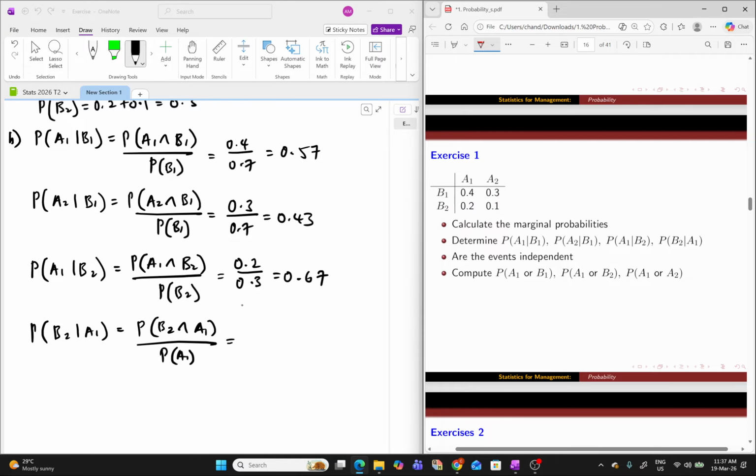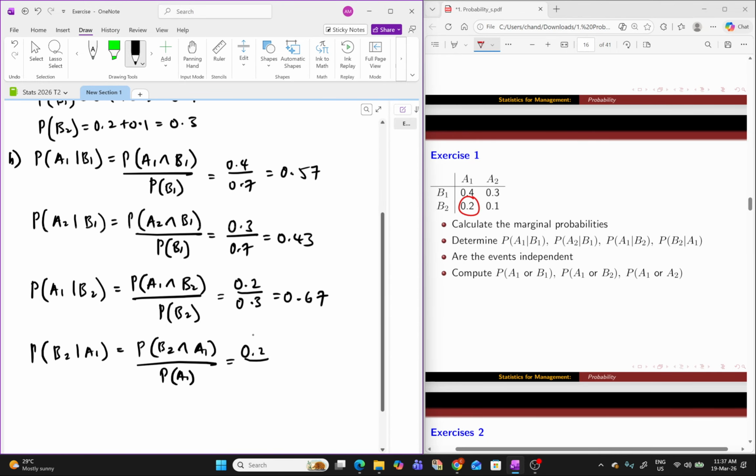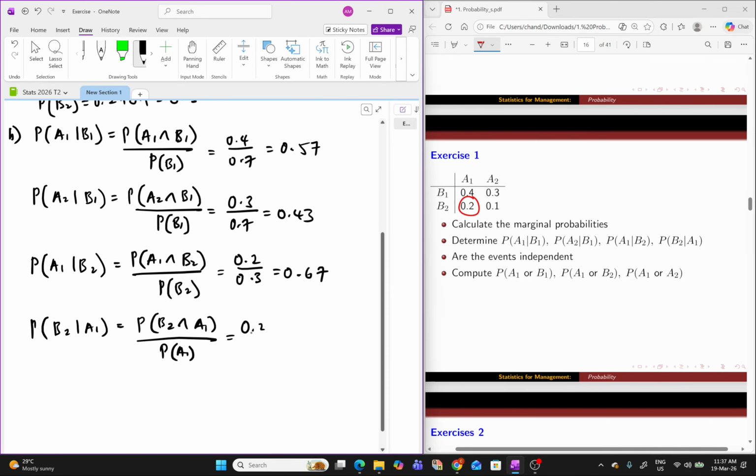And B2 A1 is still 0.2, but A1 is 0.6. You will get 0.33. So that is the conditional probability here.